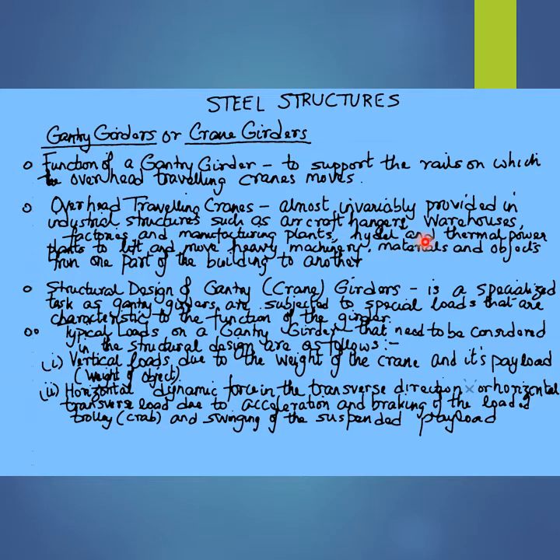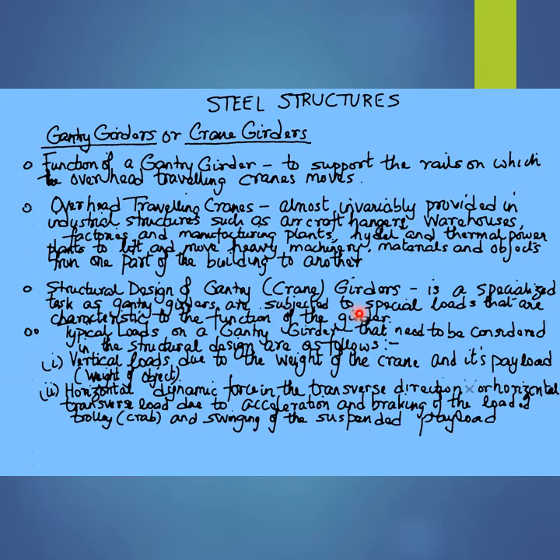For example, aircraft hangars, warehouses, factories, and manufacturing plants, as well as hydroelectric and thermal power plants, in which heavy machinery, materials, and objects have to be moved routinely, and for this purpose the overhead cranes are required to lift and move such heavy machinery, materials, or objects in general from one part of the building to another.